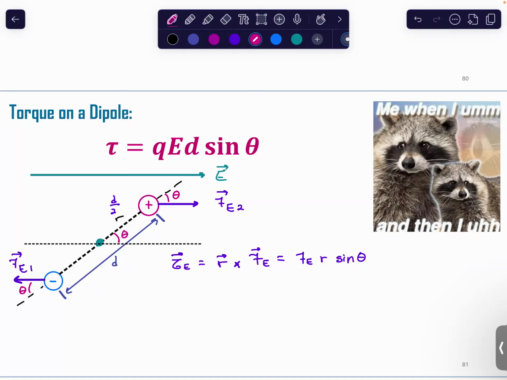If you need to, extend the arm out. The arm itself, think of R as a vector, and this is the theta between the two vectors. So you can think of this as the R vector, okay?